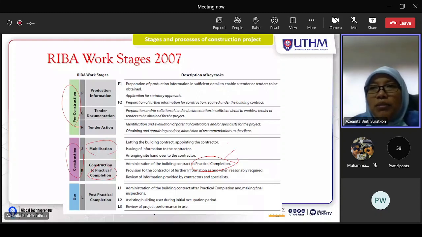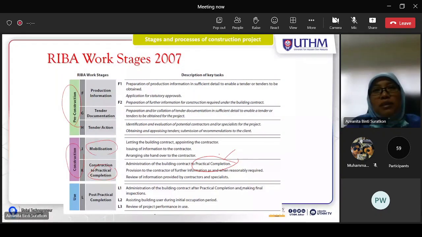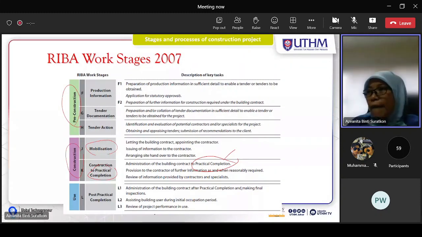Practical completion means the project is complete to a stage where the function of the building can be operated. Even though maybe a little bit of accessories are not completed yet, the function of the building can run as usual, so that is considered practical completion.